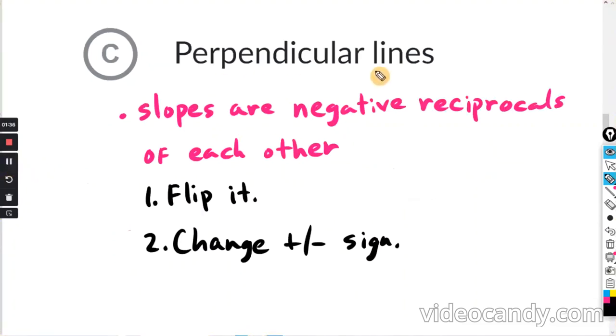For perpendicular lines, the slopes are the negative reciprocals of each other. So there's two steps in finding the negative reciprocal. You want to flip it, which means take the reciprocal, and then change the plus minus sign. So you just do that to one of the slopes, and if it matches the other slope, then the lines are perpendicular.